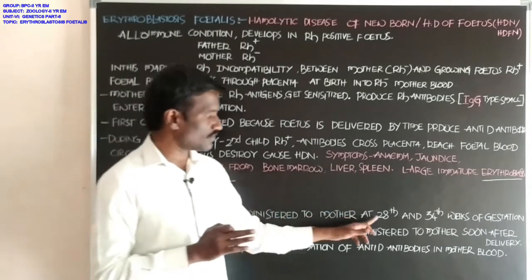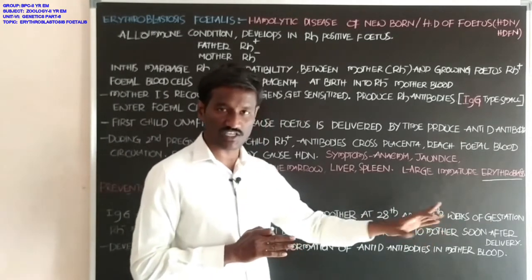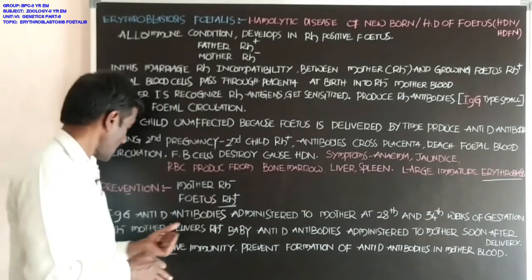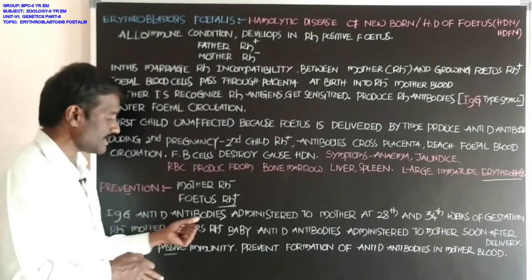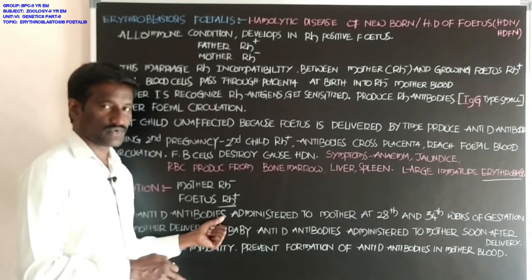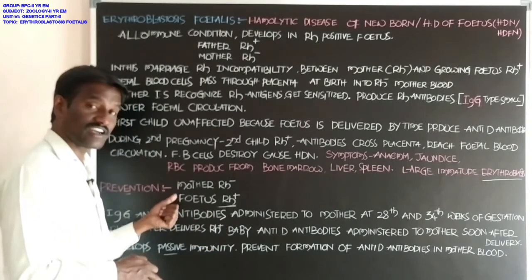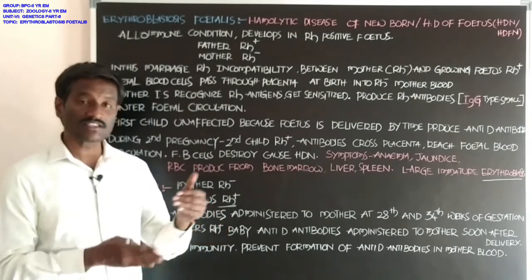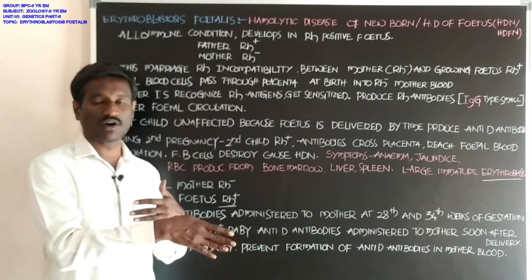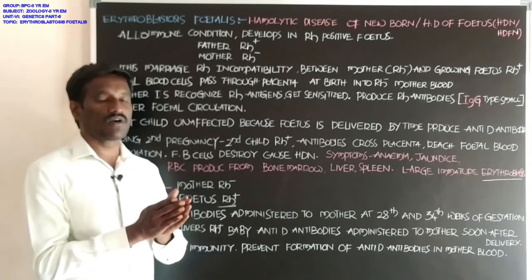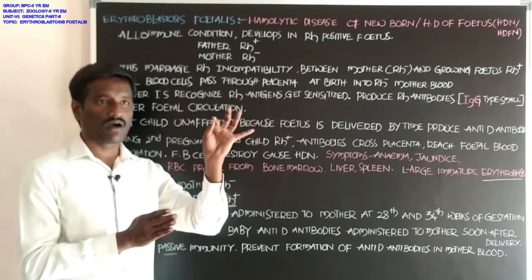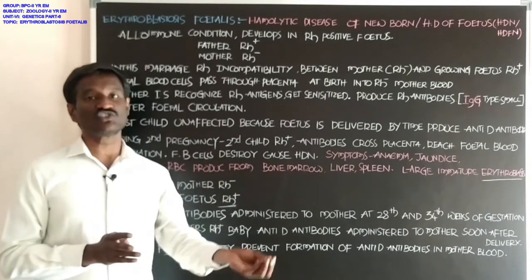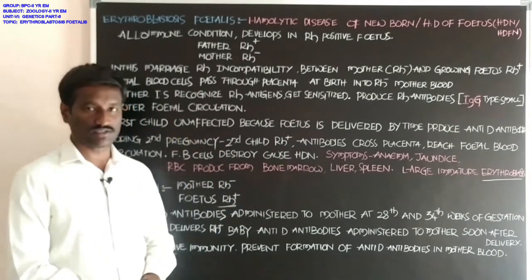These antibodies, introduced into the mother's body at the time of genetic incompatibility, attack the antigens and destroy them before the mother's immune system gets sensitized and produces antibodies.